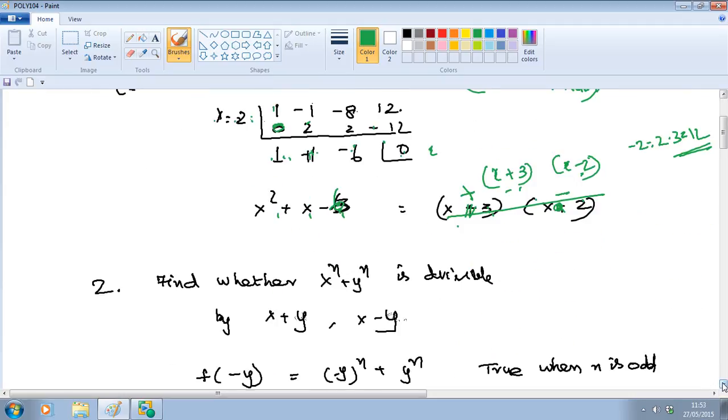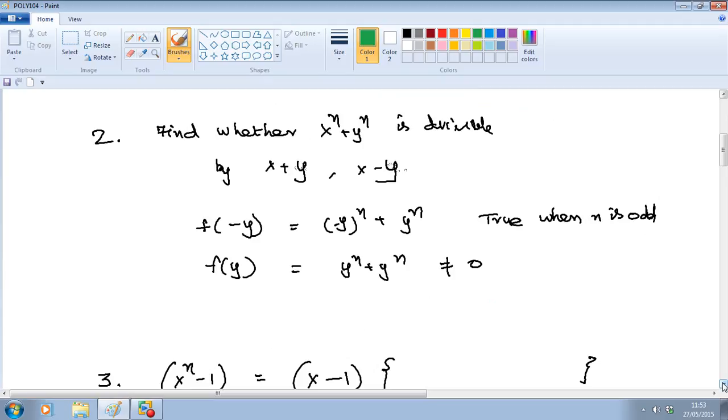So next problem: find whether x to the power n plus y to the power n is divisible by x plus y, and x minus y.